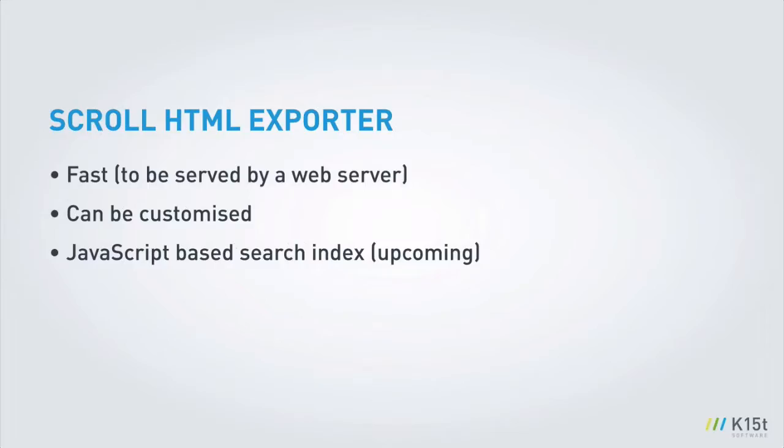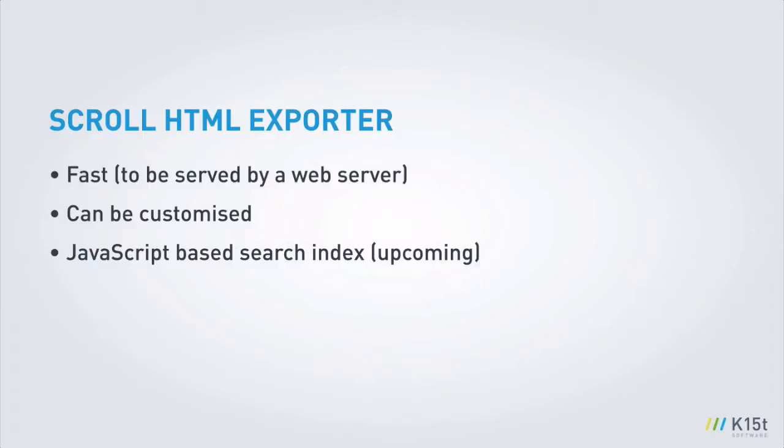Then I also want to plug another product of ours, the Scroll HTML Exporter, which has basically the same characteristics as the built-in HTML exporter from Confluence. The content is served fast if put onto a web server. It can be customized even a bit more than the standard one, and it has a JavaScript-based search index.